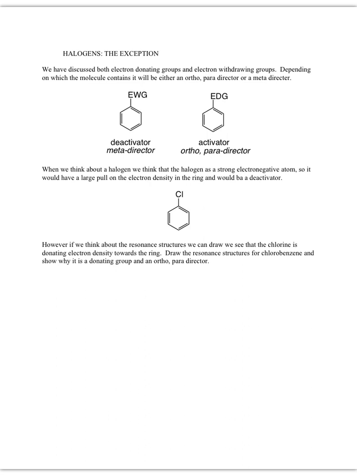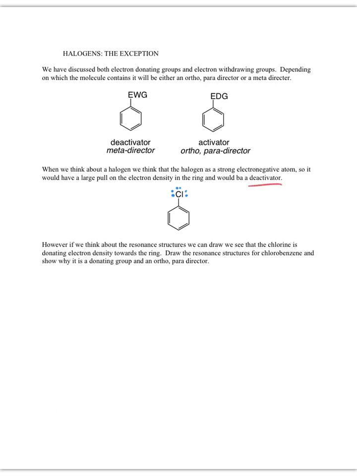The one exception to all of this is halogens. A halogen has the lone pairs on the atom right off of the ring, so from what we said earlier, it would be a donating group, or an ortho-para director. But halogens are not activators, they're actually a mild deactivator.